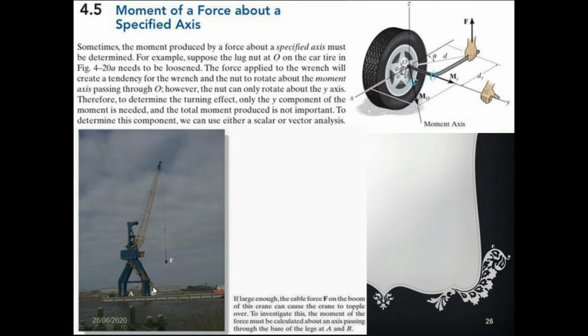If we do not do it correctly, this crane will lose its structural integrity and fall down with the luggage and with whatever containers it is lifting. Very important and very dangerous if you do not calculate it correctly.